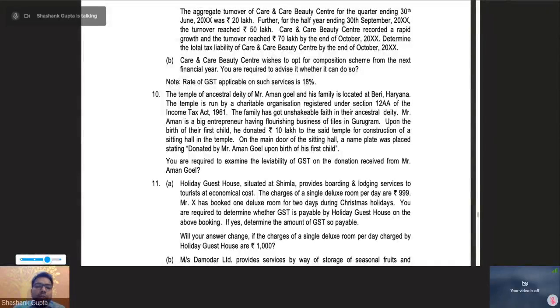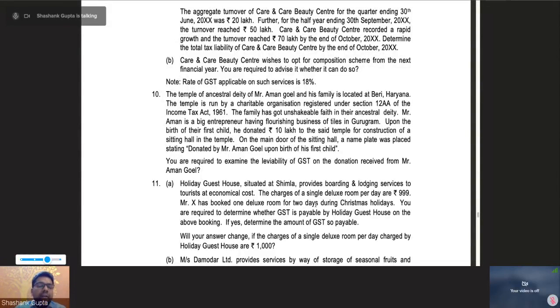So a question arose whether GST will be applicable on this donation. Why? The question was, when this nameplate is being affixed, does this tantamount to giving advertisement? Because when people visit the temple, they will see the nameplate and you are getting visibility.